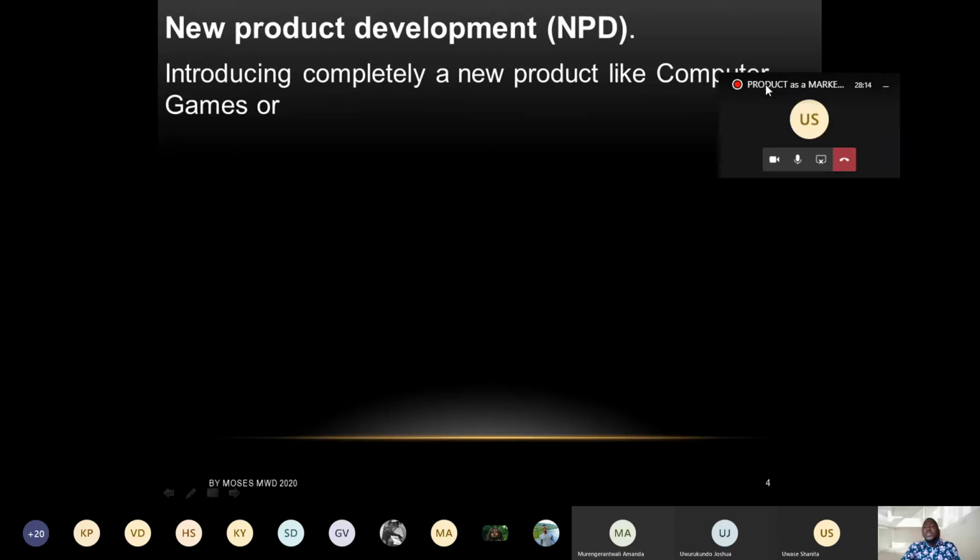I think iPhone is the best example. I don't know how iPhone 1 or iPhone 2 looked like. I started knowing iPhones very well from iPhone 5. They introduce their products after a given period.